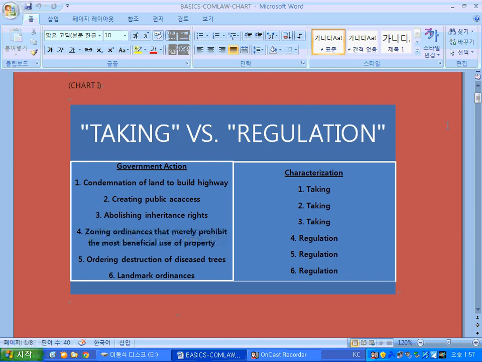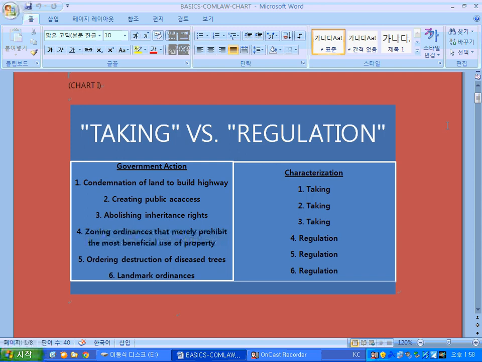The court sustained the landowner's position, and the lower court judgment was reversed. The 5th Amendment does not prohibit the taking of private property, but requires the government to pay compensation for such a taking. If a government action works a taking, the government has a constitutional obligation to pay just compensation.